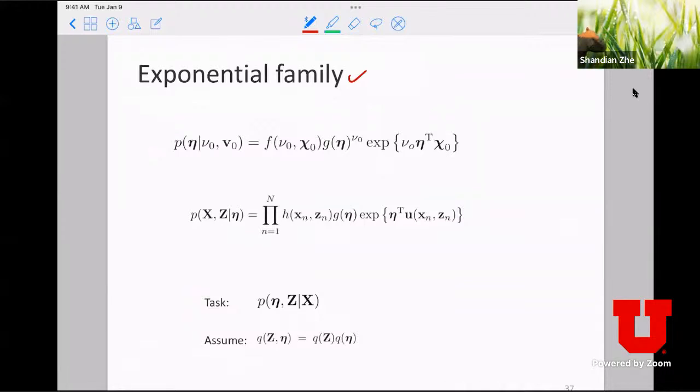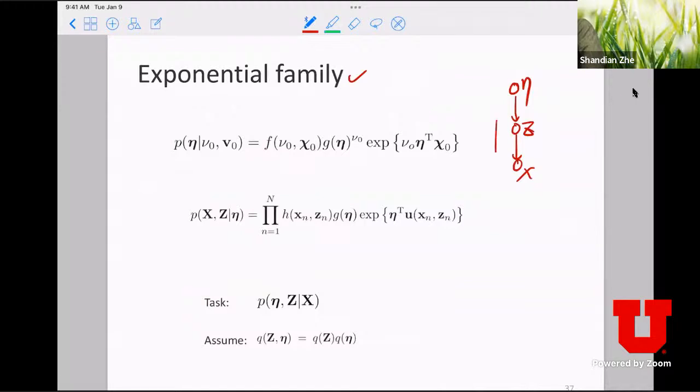So once you know this general framework, you can simply instantiate it for the detailed distributions. Here we assume our model is, of course, a hierarchical model. You have some latent random variable eta and latent random variable z, and then the random variable x.